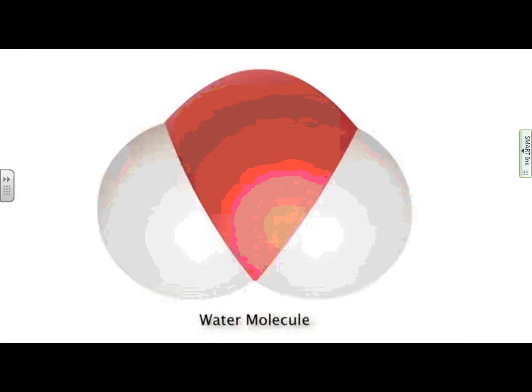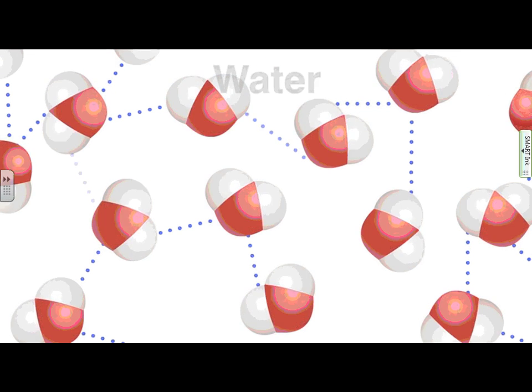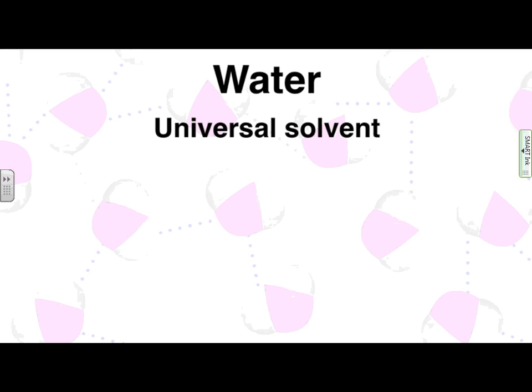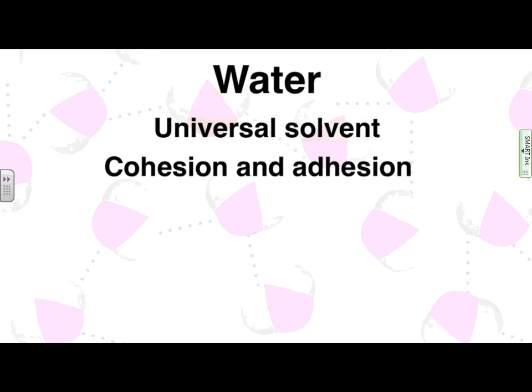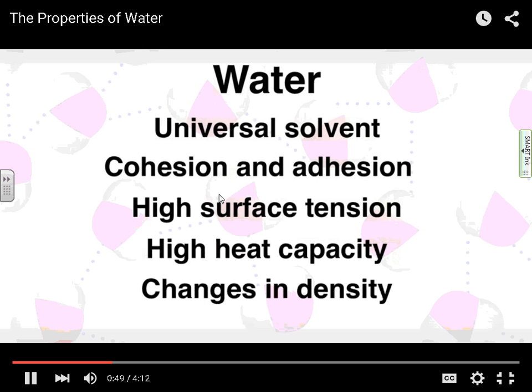The structure of a water molecule and the fact that it is capable of forming hydrogen bonds with multiple other water molecules simultaneously provides water molecules with some very unique characteristics. These include the ability to act as a universal solvent, the properties of cohesion and adhesion, a high surface tension, a high heat capacity, and changes in density based on temperature.